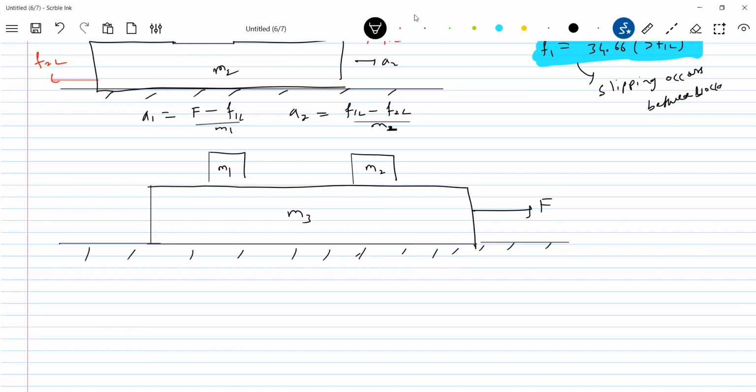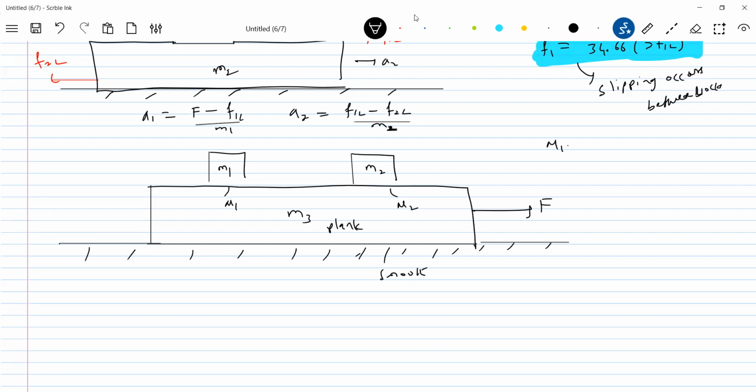So this surface is smooth, and the coefficient of friction between the block and the plank will be different here.